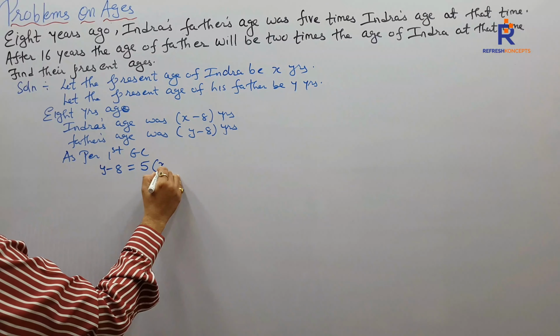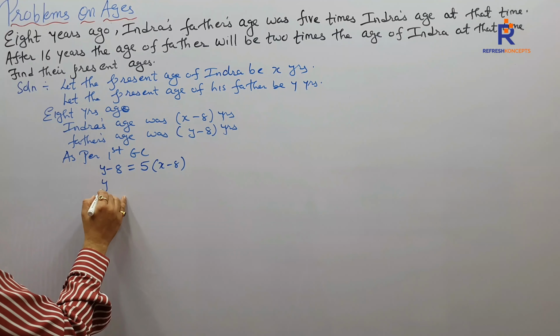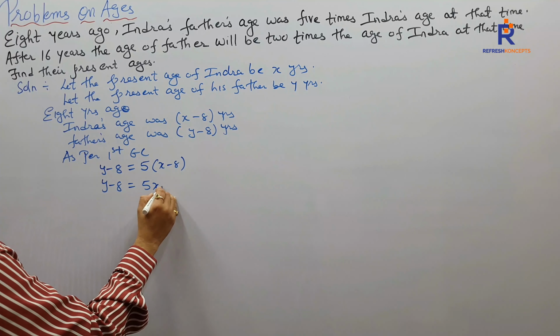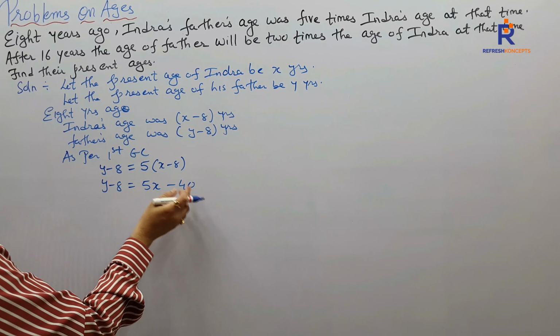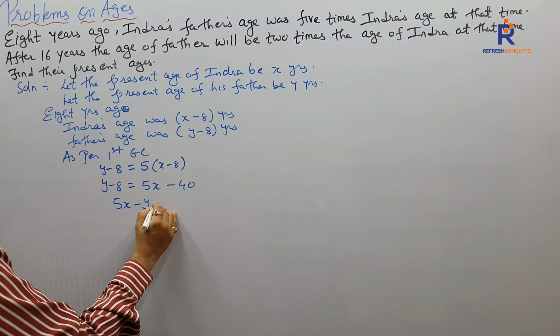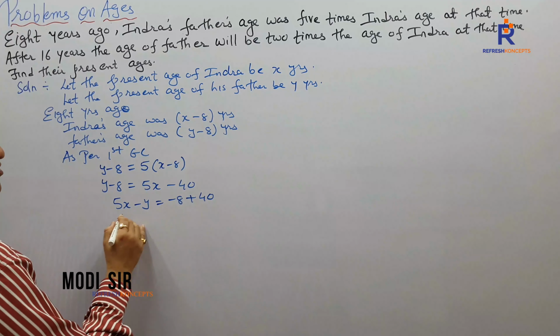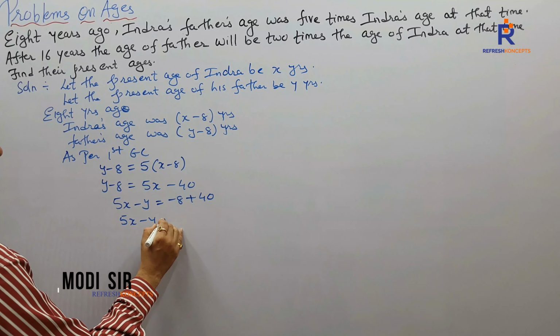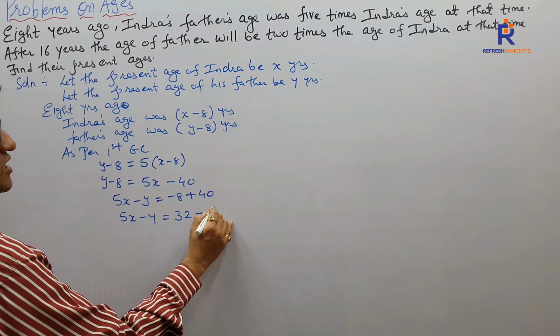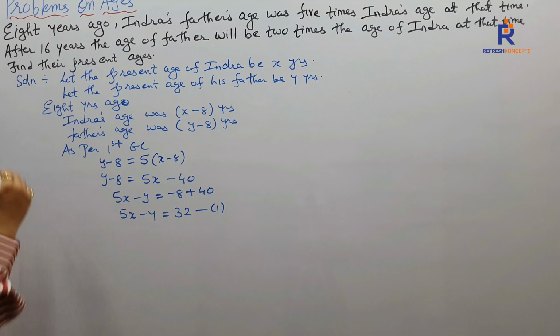Age of Indra at that time was X minus 8. Quite simple children. Y minus 8 is 5x minus 40. Bring this here: 5x, the fellow going there becomes minus y; minus 8, the fellow going here becomes plus 40. So 5x minus y is 32. Equation number 1.